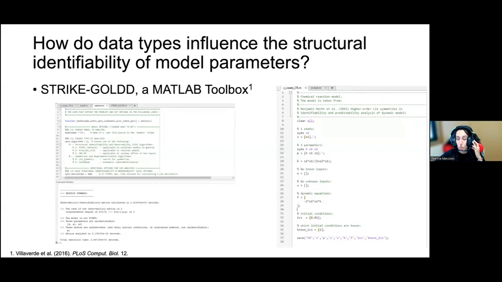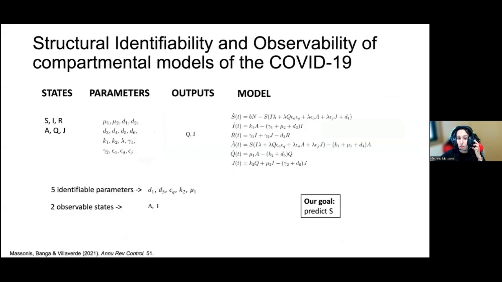We have done a study of this for each of the COVID-19 models. I'm going to present an example of a model that is not structurally identifiable and observable, and how we can manage to fix it. We have this model that is susceptible, infected, recovered, with 3 additional compartments: A for symptomatic, Q for quarantine, and I for isolation.